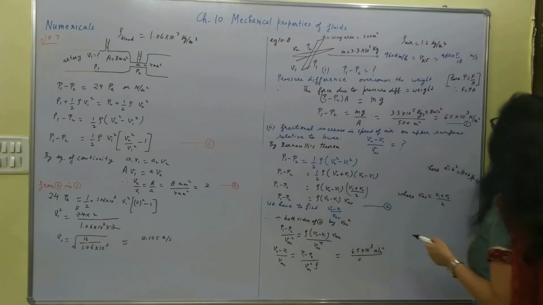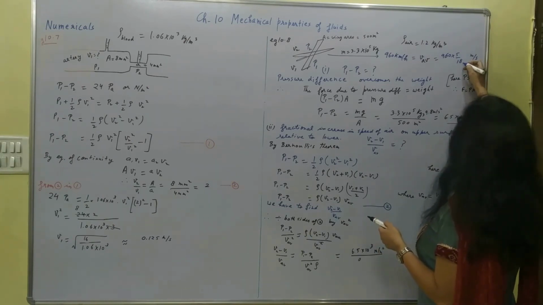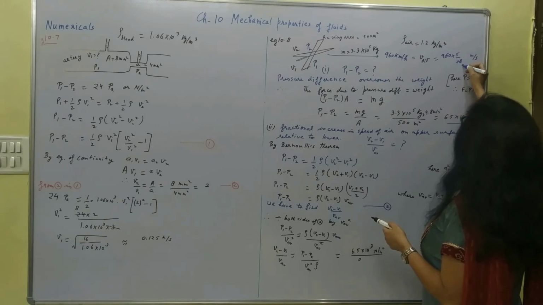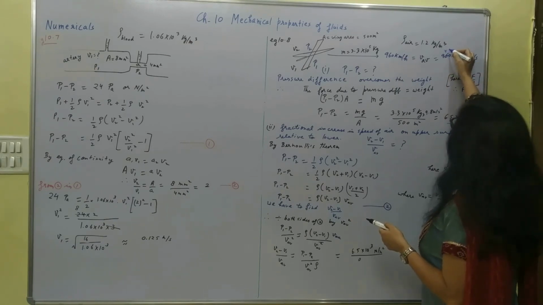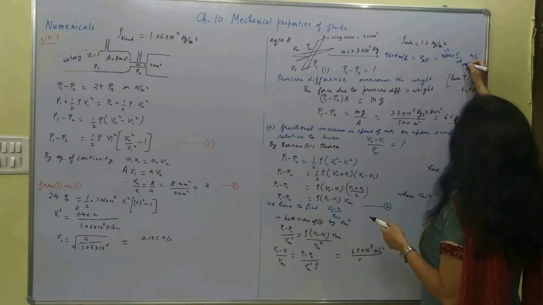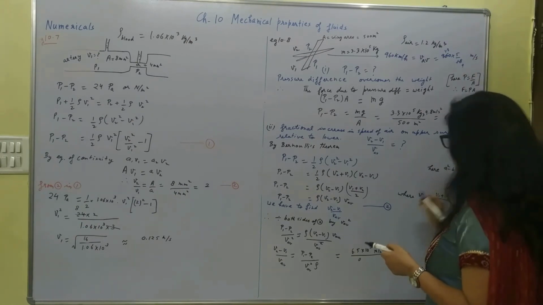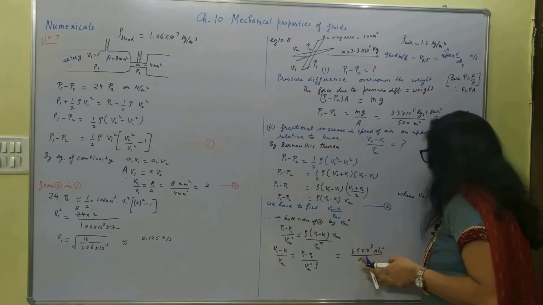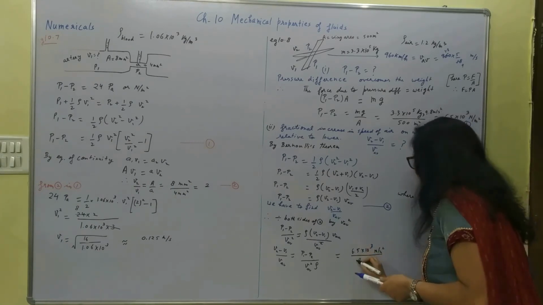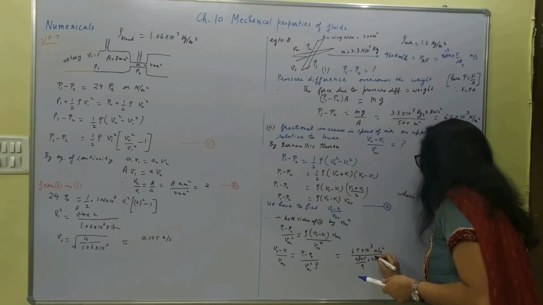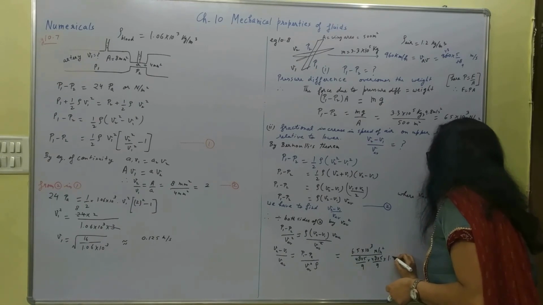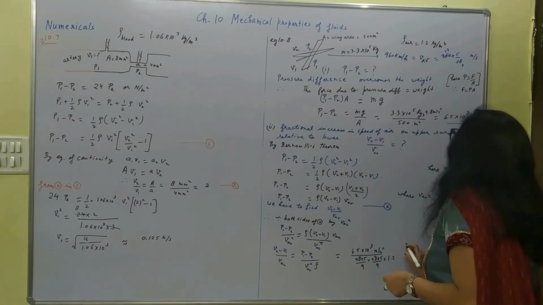So 2 9s are 18, 2 4s are 8, 2 8s are 16. So this is 48 into 5 by 9. So this is 48 into 5 by 9 into 48 into 5 by 9, because this is V average square, into density, which is 1.2 kg per meter cube.